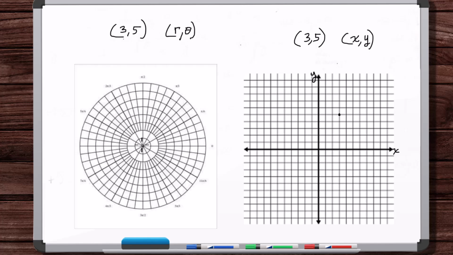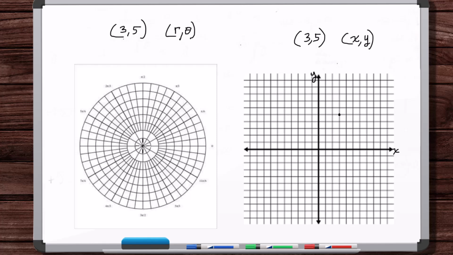R just represents a pure radial distance from the center or the origin in any direction, just the radial distance from the origin. And these are the tick marks. This is 1, 2, 3, 4, 5. Theta represents the angular rotation in this direction from this axis. So this angular rotation. So let's plot this point.